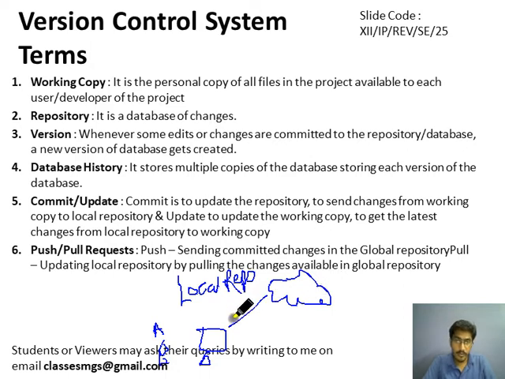Now let's suppose there is a file a.py in the repository. If I am making some changes in this file and sending these changes to my local repository, this is known as commit. If I am sending the changes done by me on the file stored in the local repository, this is known as commit.